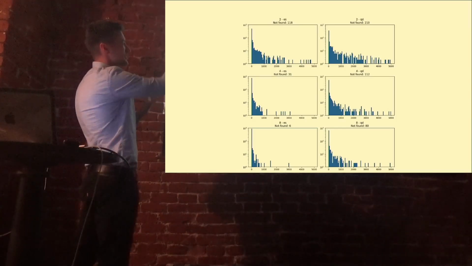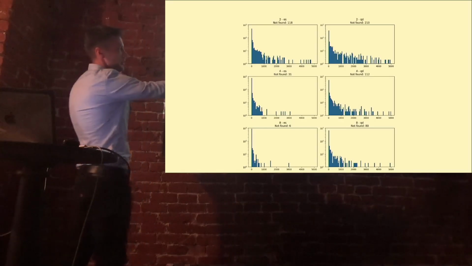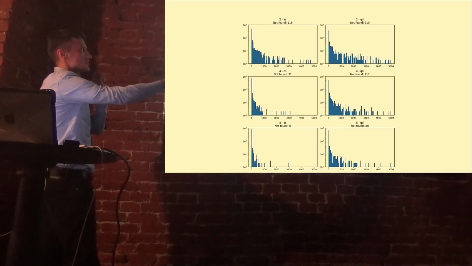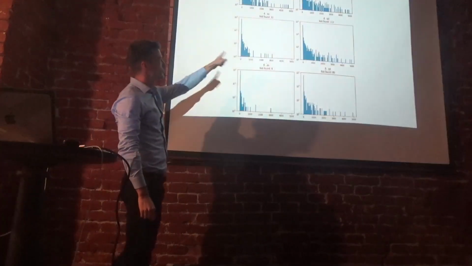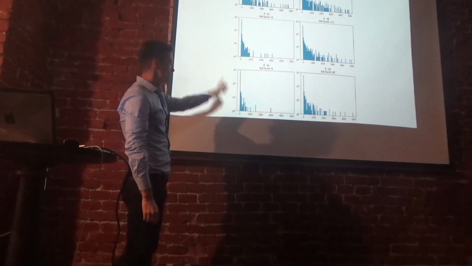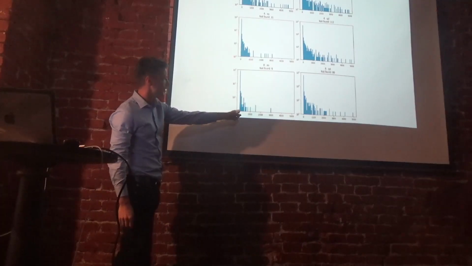The axis is about the 5,000 results, and the count on which position it was. So basically here it is in the first 50 results.